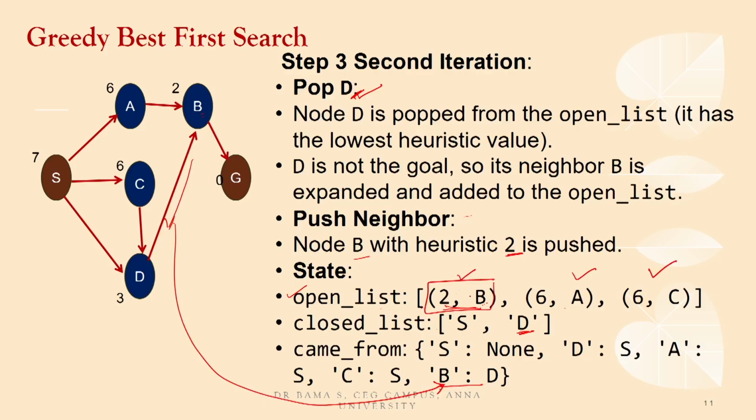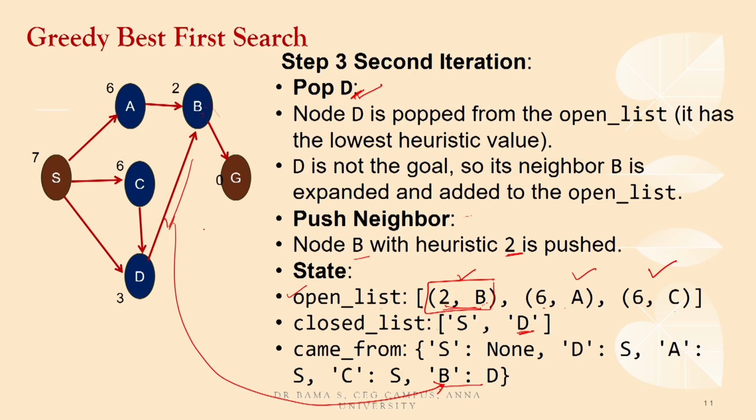In the third iteration, because B is the minimal value, remember this is the priority queue, we already have 6A and 6C, now B is the priority queue with minimum cost, B is going to take place.